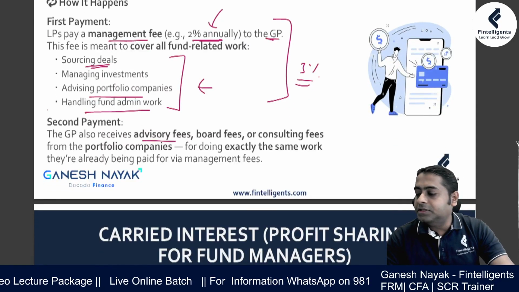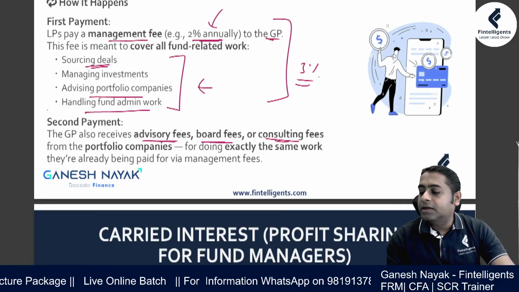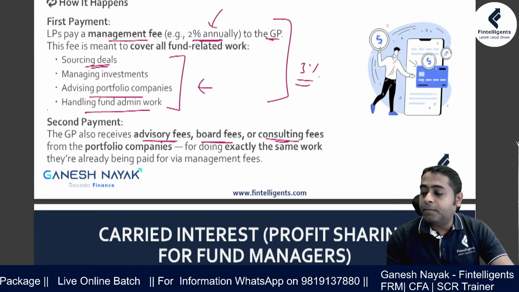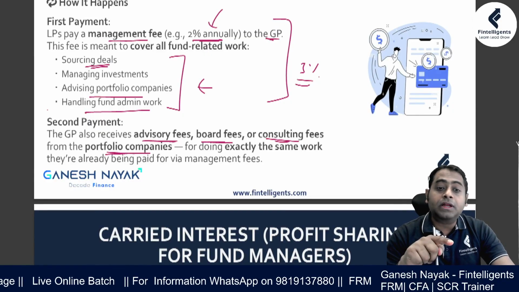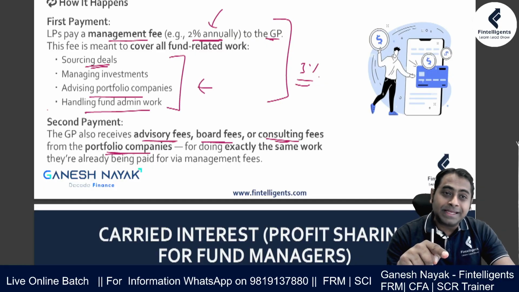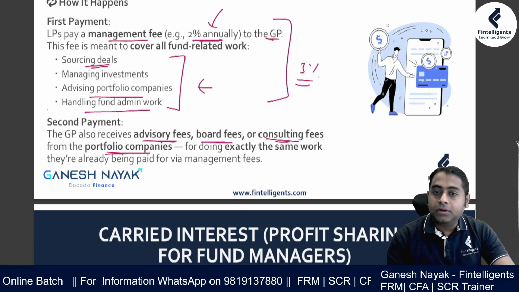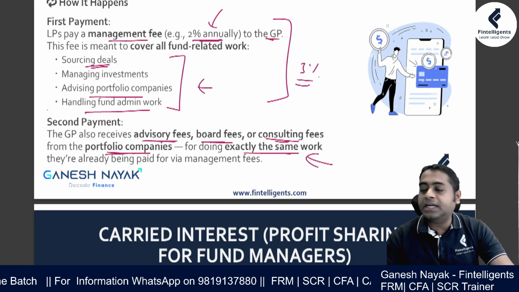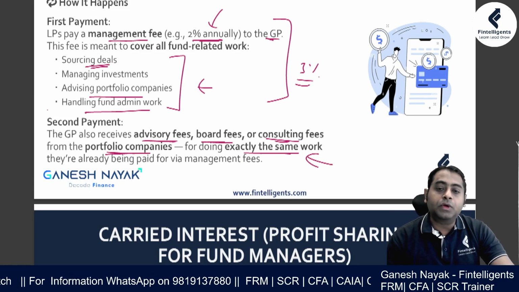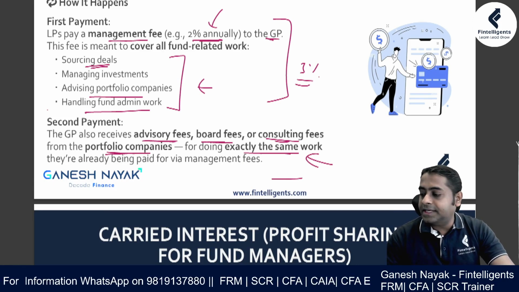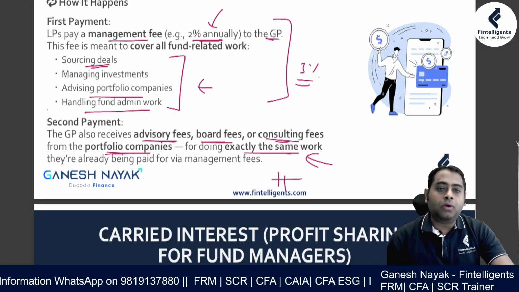Second payment: the GP also receives a consulting fee, advisory fee from the portfolio company. But do you realize it's the same expense? So it's double counting. So we need to have an offset clause to cover that. So this is where the example actually ends, the overall.